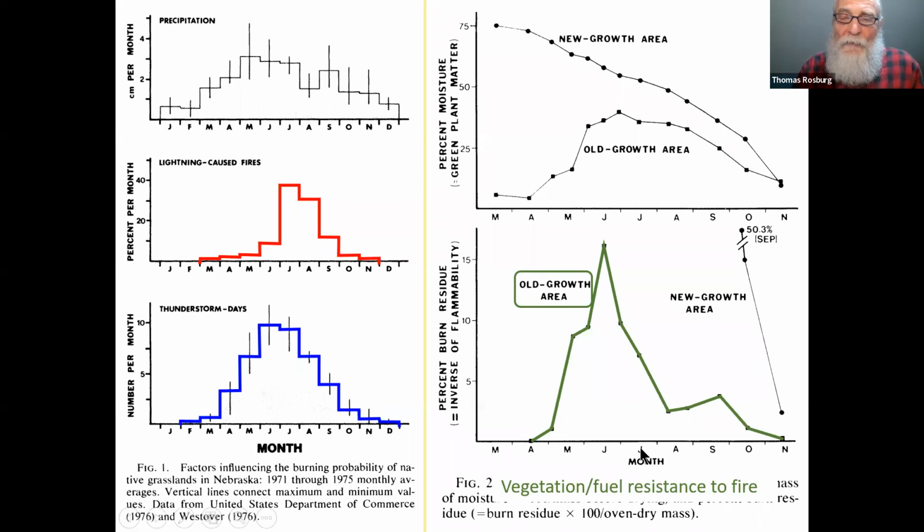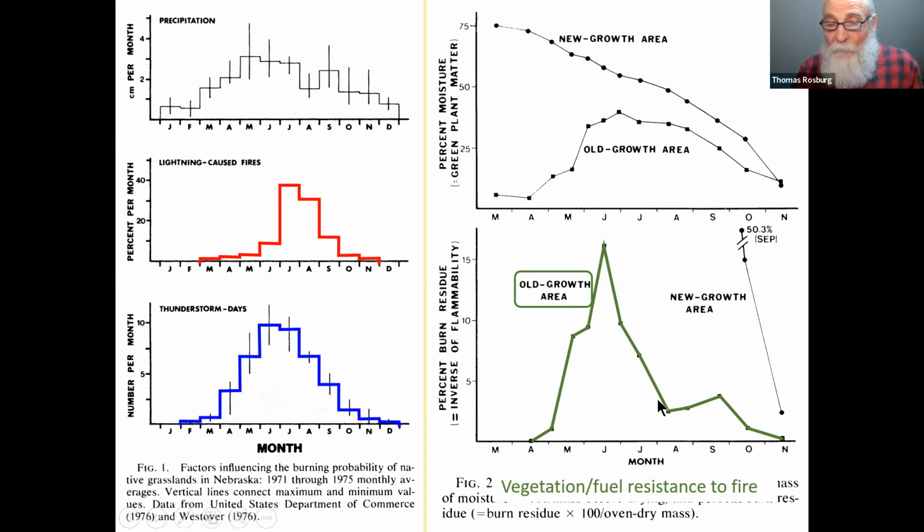So the point here is that when you look at this measure of vegetation fuel resistance to fire, again, this is the inverse of flammability. Flammability is very low right here where this is a peak in June. You're not going to get a fire to go very well in June. The lightning wouldn't be able to get a fire to go very well in June.